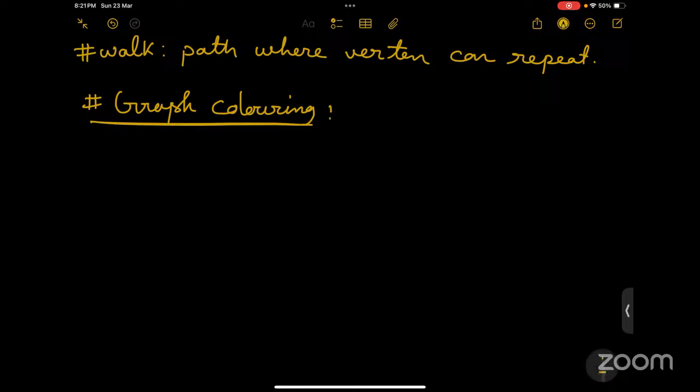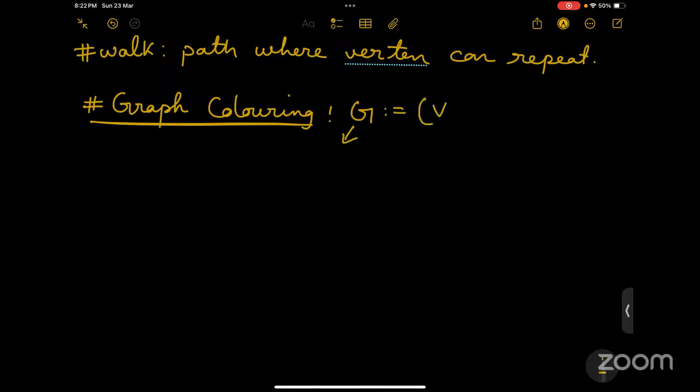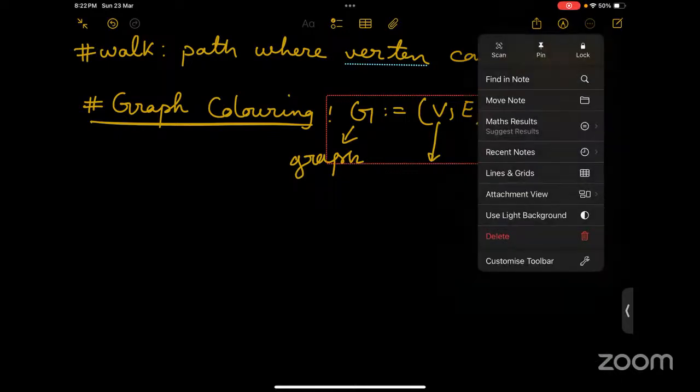So what is the procedure? Here we can express the coloring thing mathematically. If G is our graph, we can express it as (V, E), where G is the graph, V symbolizes the set of all vertices and E symbolizes the set of all edges.